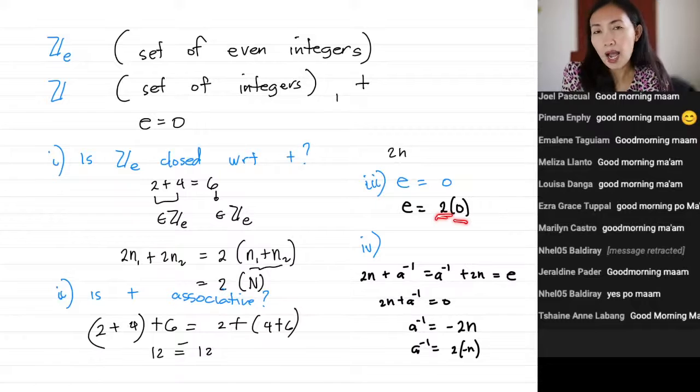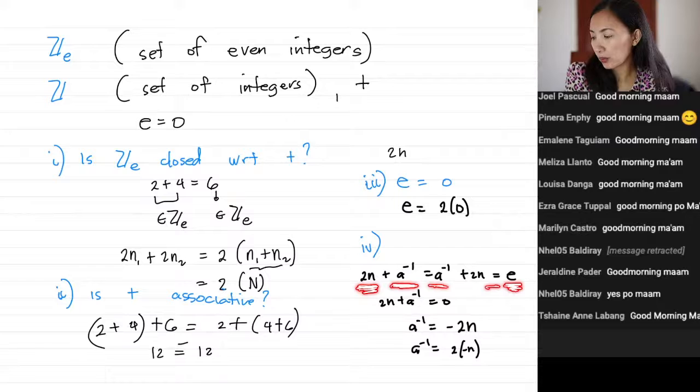Okay, now, how about the inverse? Do all elements have inverses? Okay, so let's see. By the property of inverse, we mean when we take any even integer and add it to its additive inverse, the result should be the identity element 0. So 2n plus a raised to negative 1.